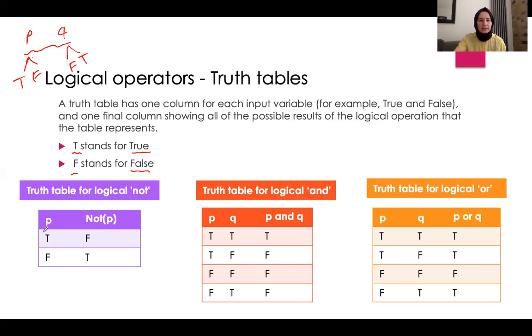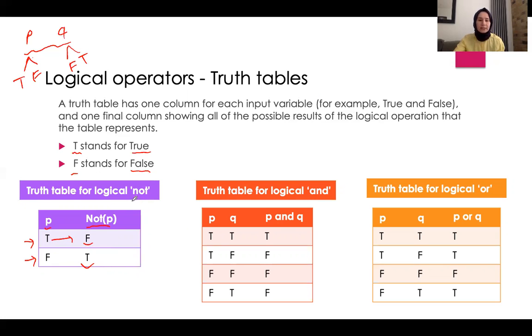So let's look at those examples here. We have P, right? This hypothesis. And one of the possibilities is that it might be true or it might be false. And not P means the reverse of this result. If it is true, then it is false. If it is false, then it is true, right?